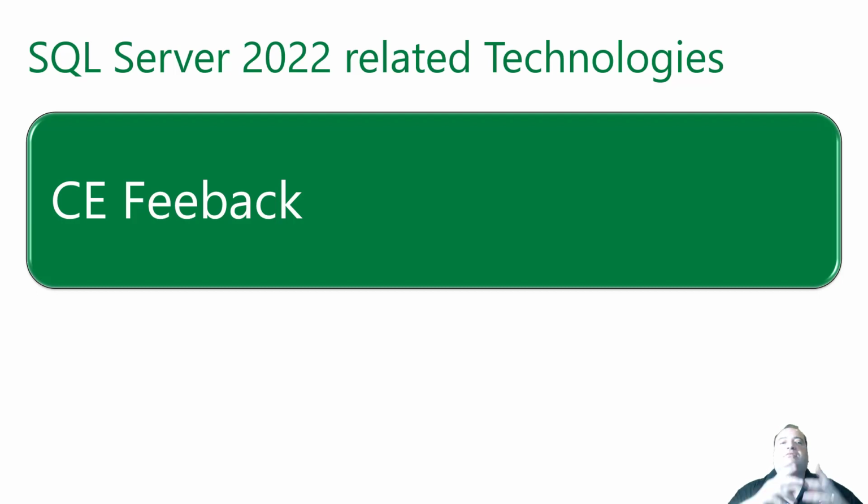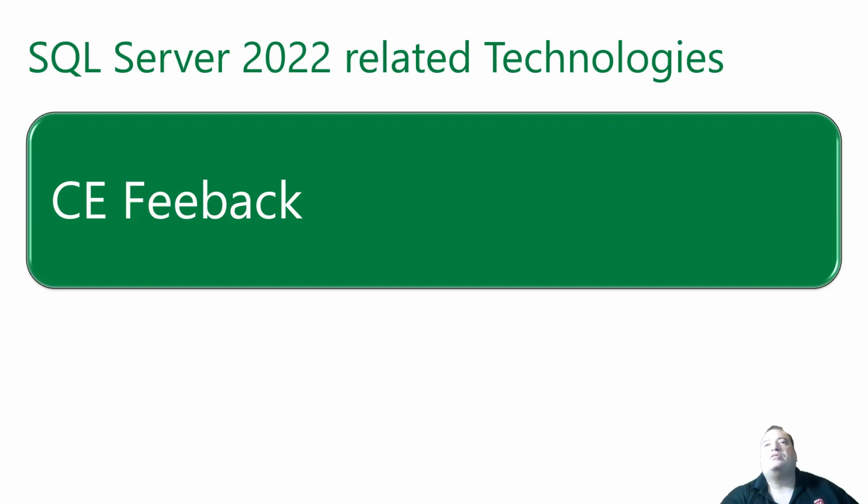So, in SQL Server 2022, there is the concept of feedback for the cardinality estimator. What does this mean? If a query using one feature of cardinality estimator doesn't perform well, cardinality estimator can create a feedback defining that next time let's change the way we apply the cardinality estimator over this query.